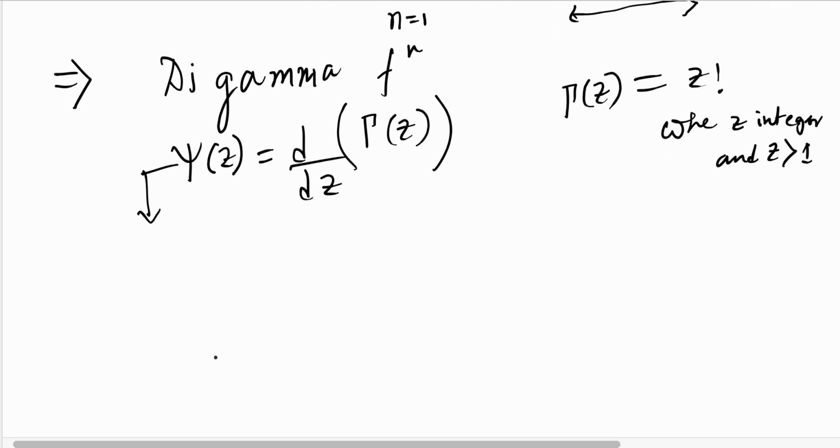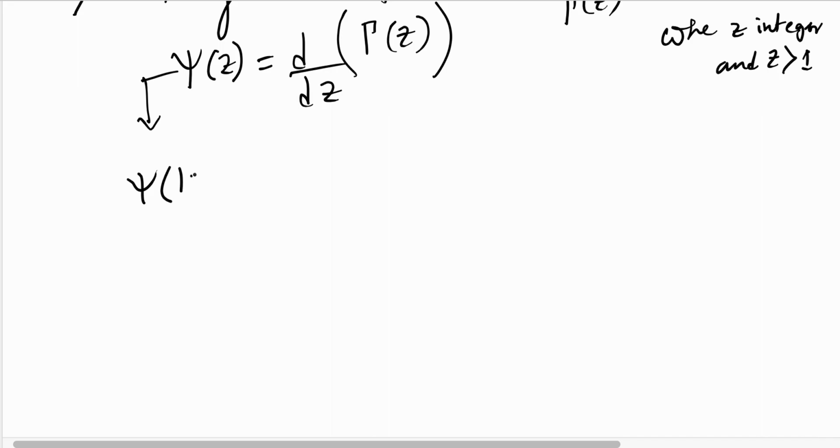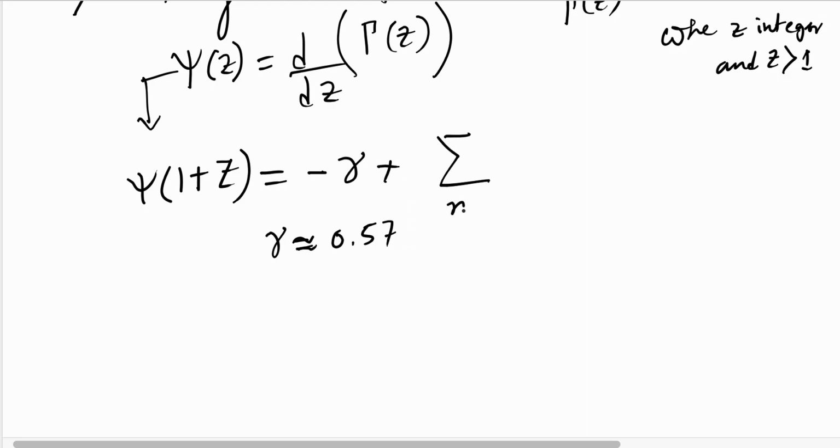Because the digamma function of 1 plus z can be written as minus gamma, where gamma is an irrational number of order 0.57, plus the summation from n equal to 1 to infinity of 1 by n minus 1 by (z plus n).